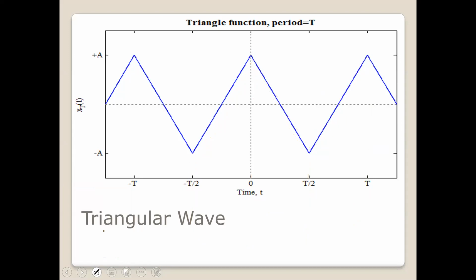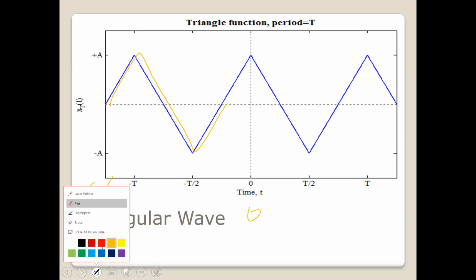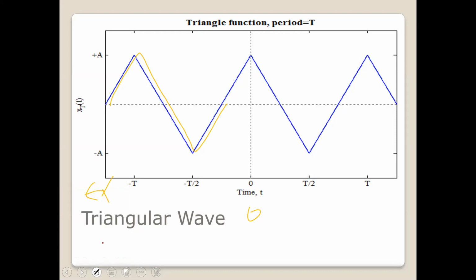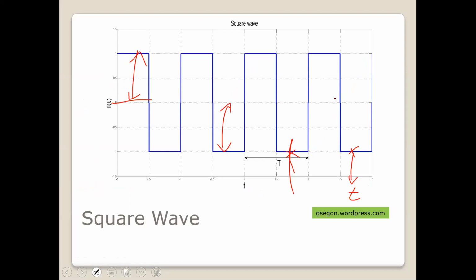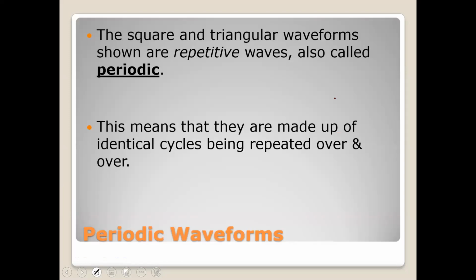So although I'm going to start from here, even though I have the 0 here, we have here one waveform. And if we were to repeat that, if we take it from here, we have the same waveform being repeated. And the same was true for the square wave. So in other words, they are repetitive, and we use the term periodic to define that.